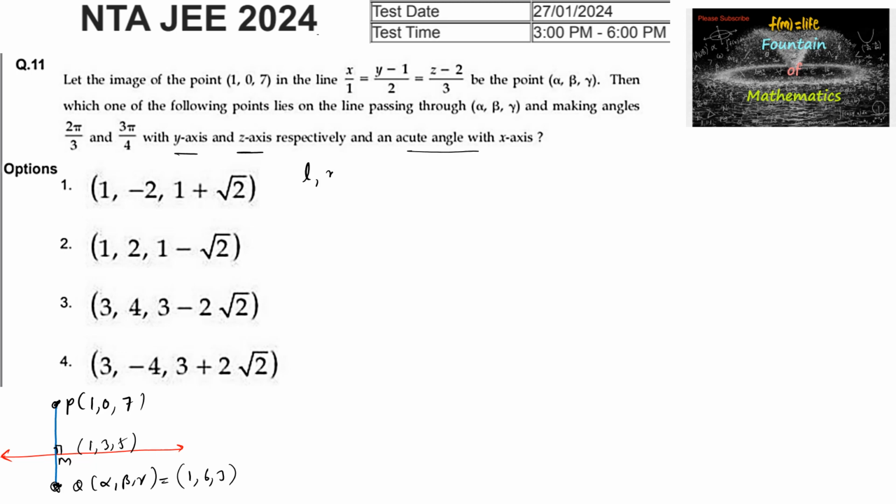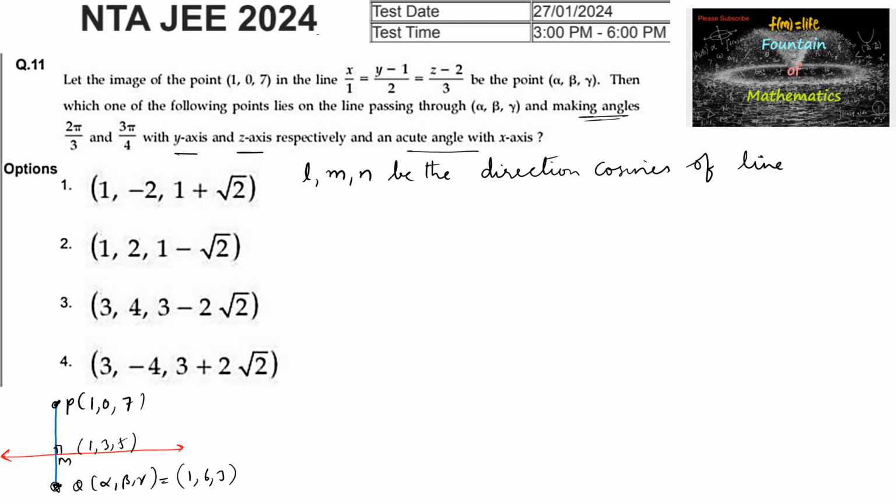Let us consider L, M, N be the direction cosines of the line which is passing through alpha, beta, gamma.